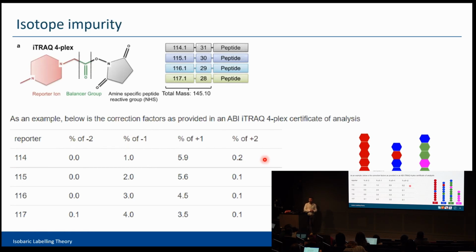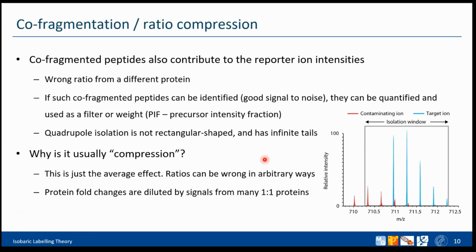And Daniela will show you how to put these numbers into your MaxQuant configuration. And then you can be happy and you can look at the next problem, which is called the ratio compression.